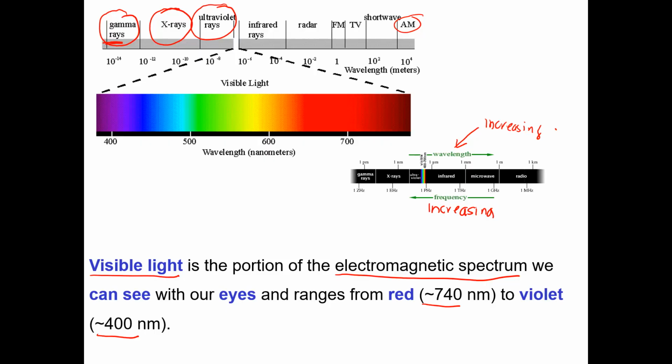Ultraviolet rays have enough energy to break chemical bonds. Now, this can be problematic because it can break chemical bonds in your DNA, which can lead to cancer. So that's why we shield ourselves from ultraviolet light in order to prevent skin cancer and sunburn.